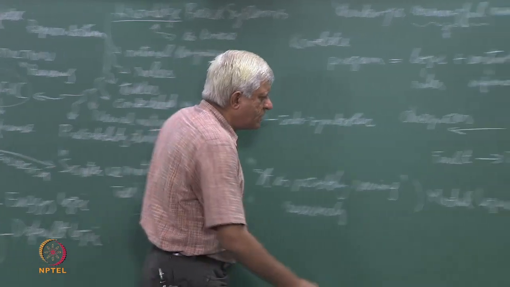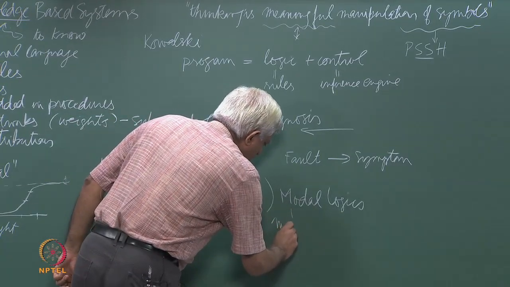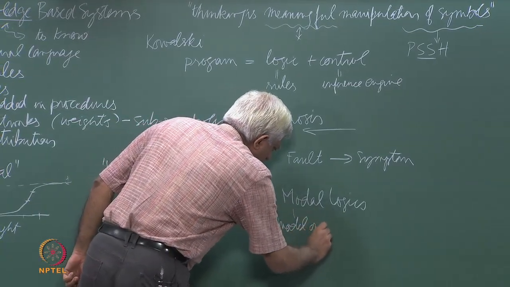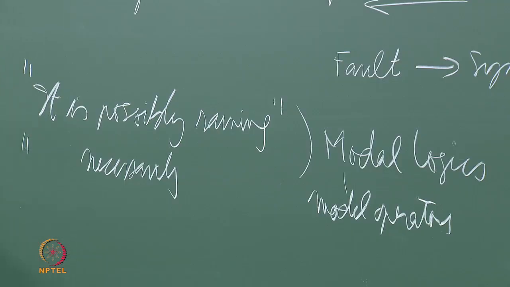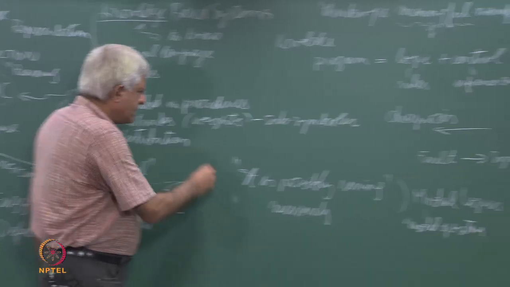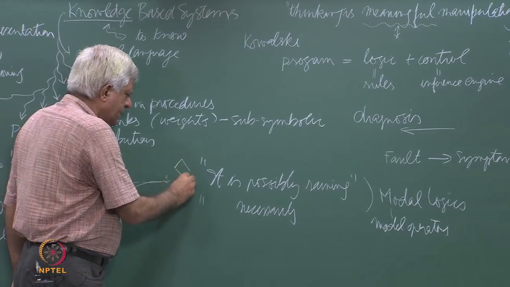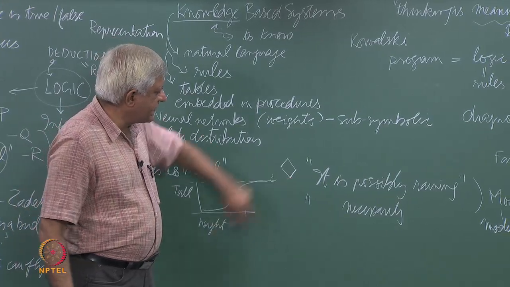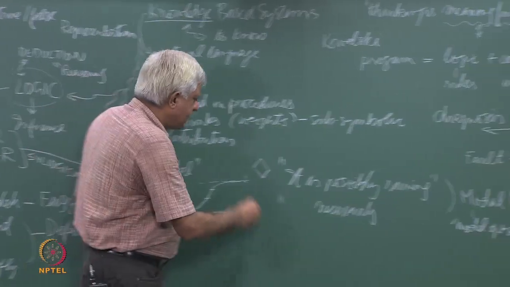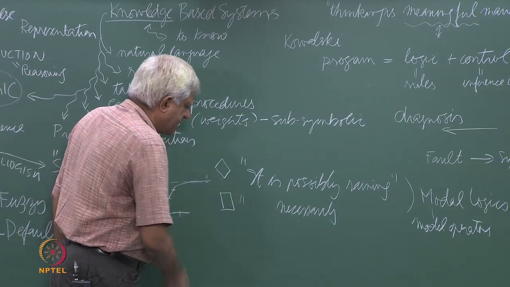So, we have something called modal operators, and there are in particular two operators. One is called the diamond operator. This is standard usage in the modal logic community, and the other is called a box operator.